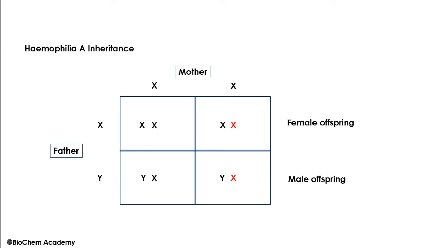So if they only have one copy of the X chromosome, they have nothing else to rely on, unlike the females. In this case, one male, or the offspring, that gets the mutated copy of the gene from the mother ends up having the disease, which is hemophilia A, which is shown by this red box that I've just made around the male offspring.